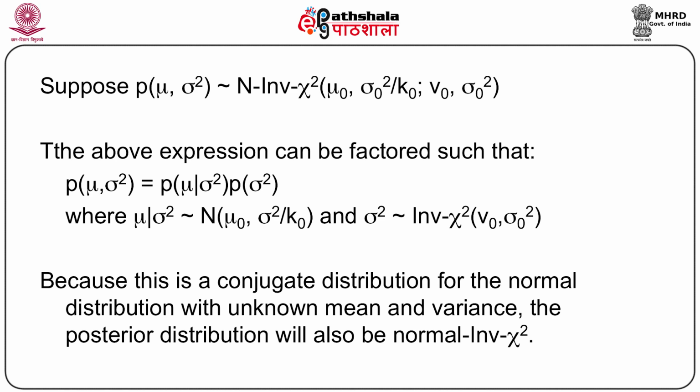Because this is a conjugate distribution for the normal distribution with unknown mean and variance, the posterior distribution will also be normal inverted chi-square.